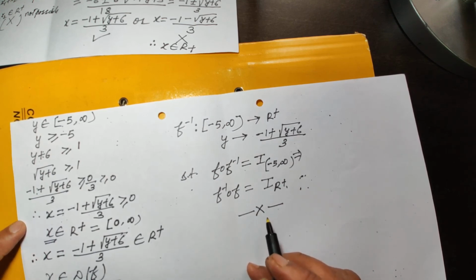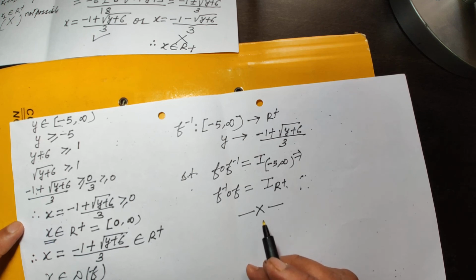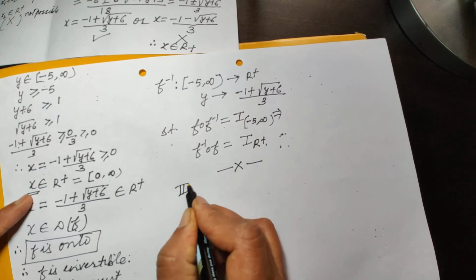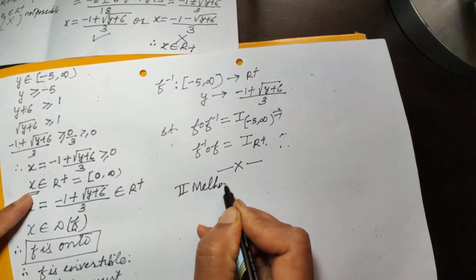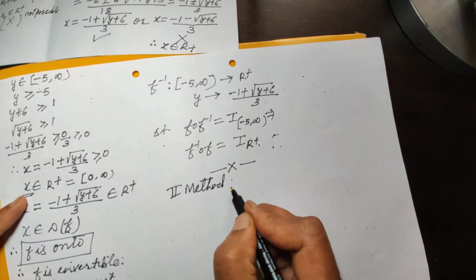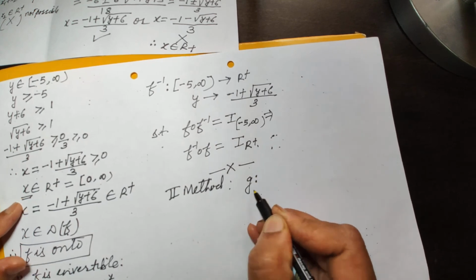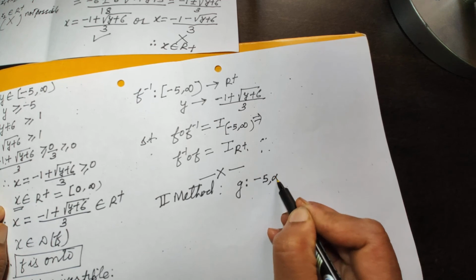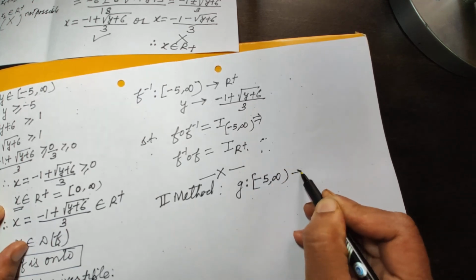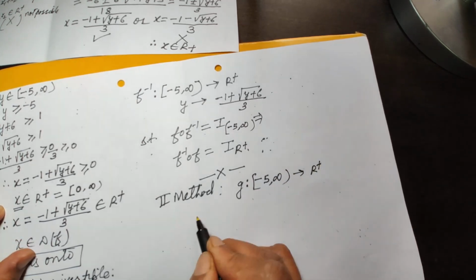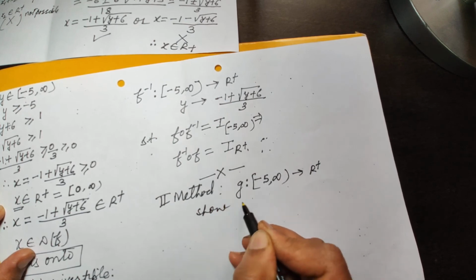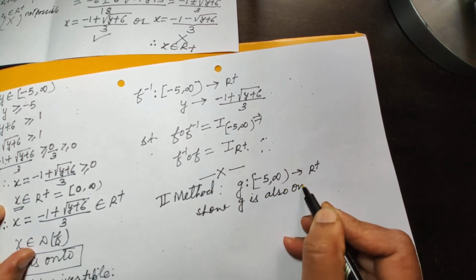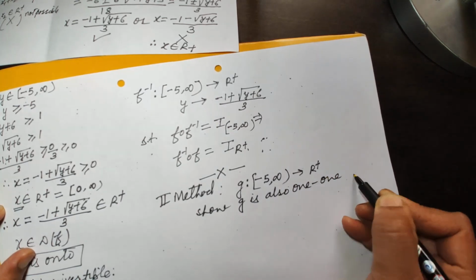There is one more method I am going to take up. There I will show the second method. I'll define g from the set -5 to infinity to R plus, and show that g is also 1, 1 and onto.